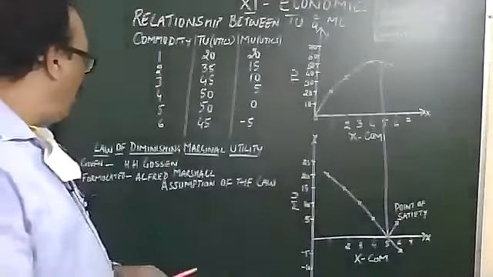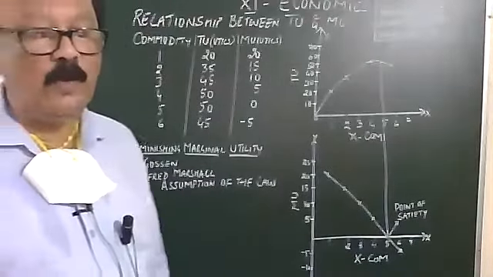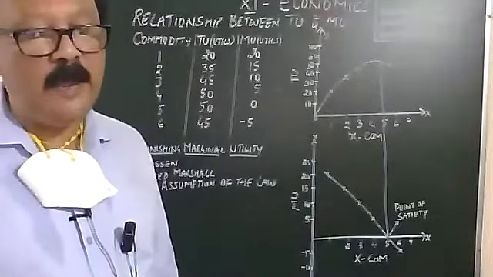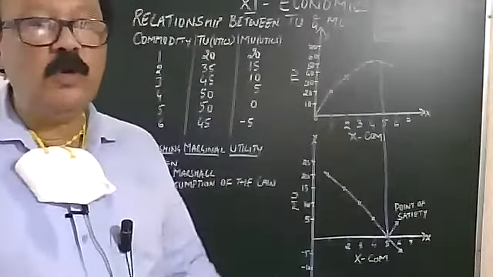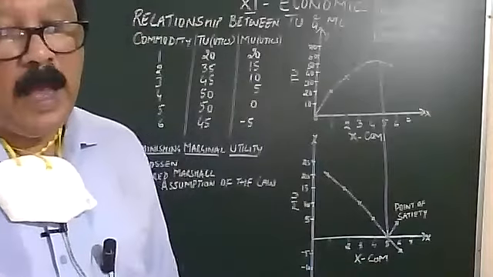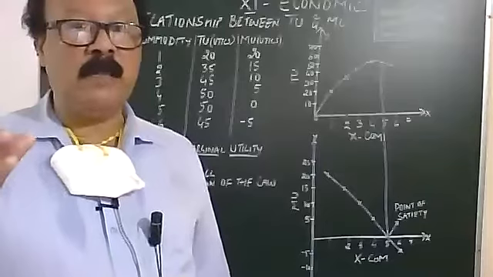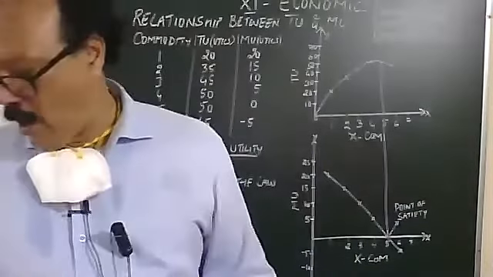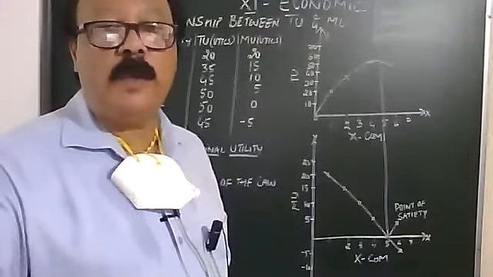So this law works assuming all these facts which I have given you: that the units must be the same, they must be standard, they must be consumed continuously, and there should be no change in taste. It's not that we started eating something and then suddenly said, now we will eat something else. It doesn't work that way.